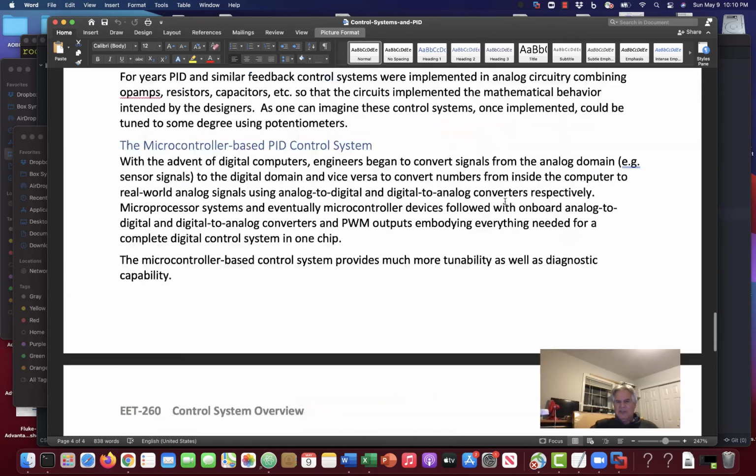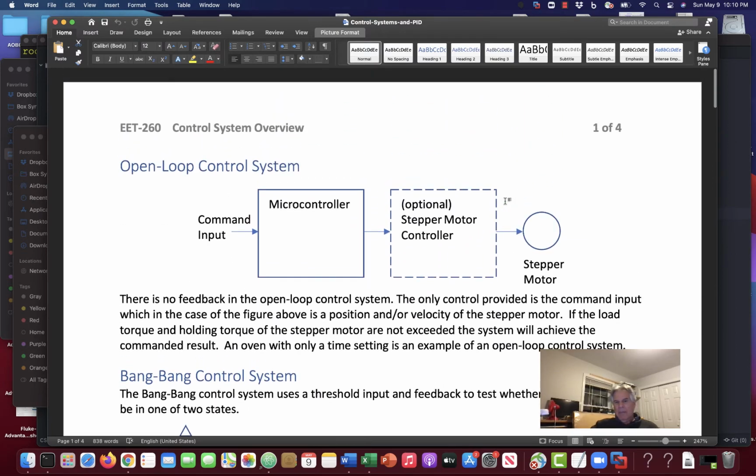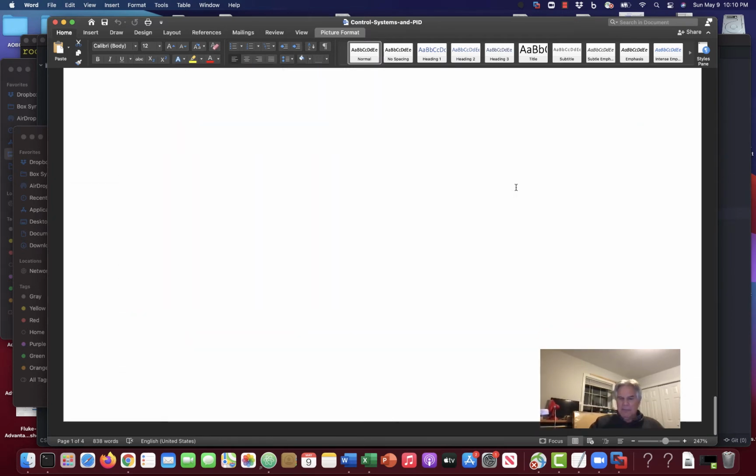So that's a summary of just basic control systems and where they've come from in terms of analog systems with op amps and resistors and all that stuff on boards, and maybe even trim pots to try to tune them or tweak them, to microcontroller embedded systems where one can hook up a cable or a CAN bus or I2C or SPI or serial or something, Ethernet, and talk to the thing and program it that way.